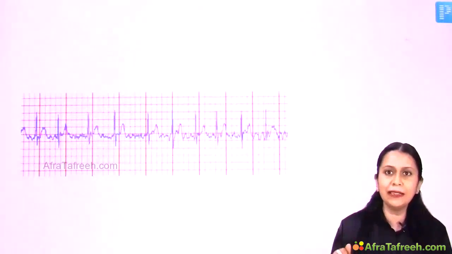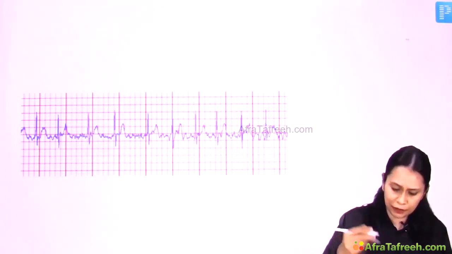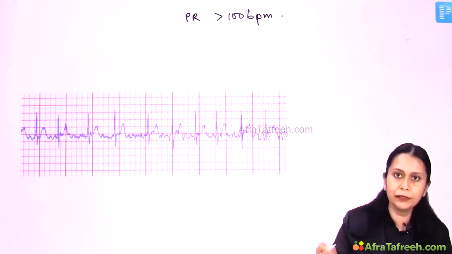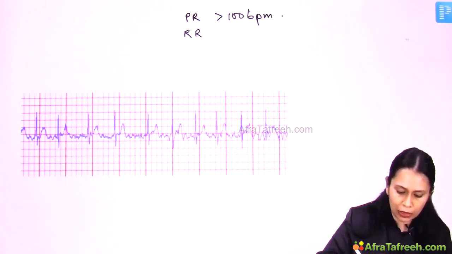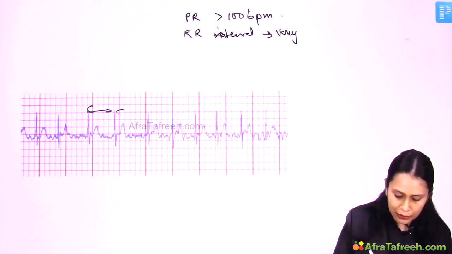So in ECG, how do I recognize it? This is a typical AF waveform in an ECG strip. You can see here, first thing, the pulse rate should be above 100 beats per minute, right? Then there should be a variable RR interval.